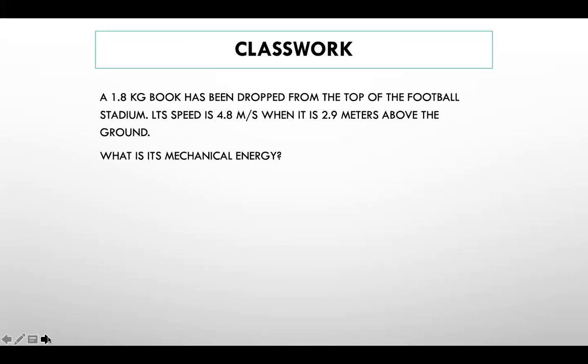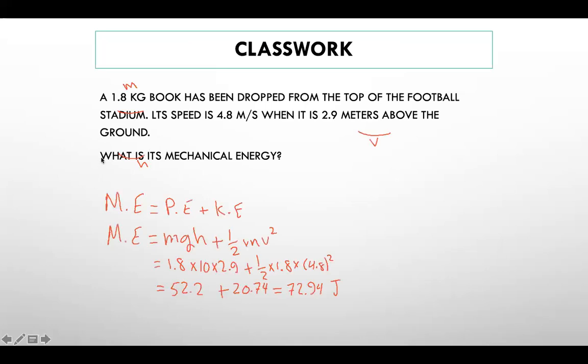To answer this, here is the mass he gave me, here is the velocity, and this is the height. We said that mechanical energy equals potential energy plus kinetic energy. Mechanical energy here equals mgh plus half mv squared.